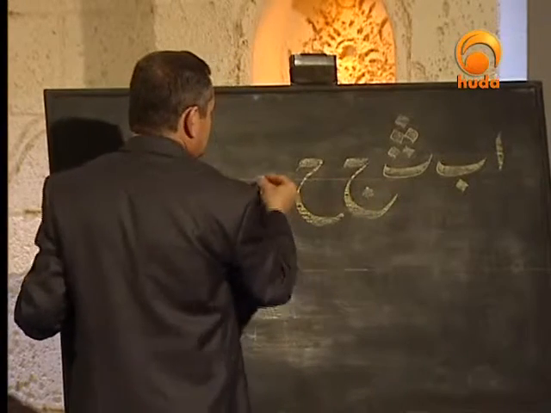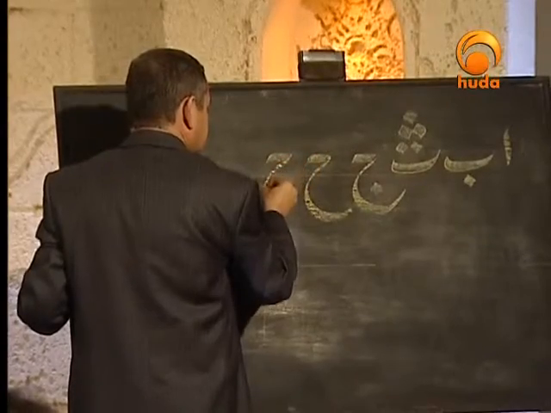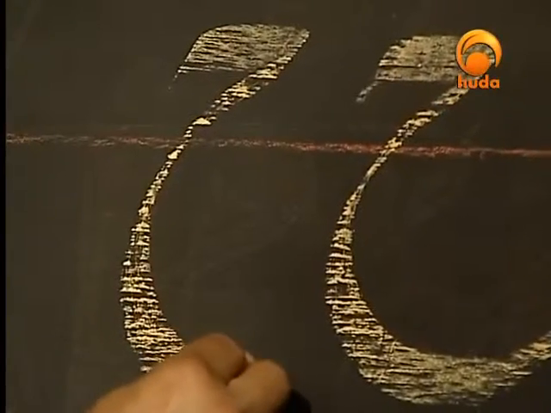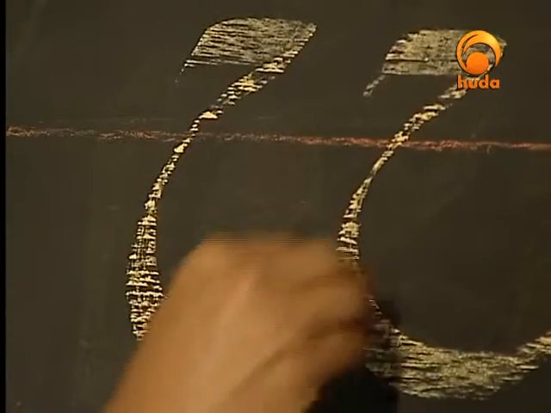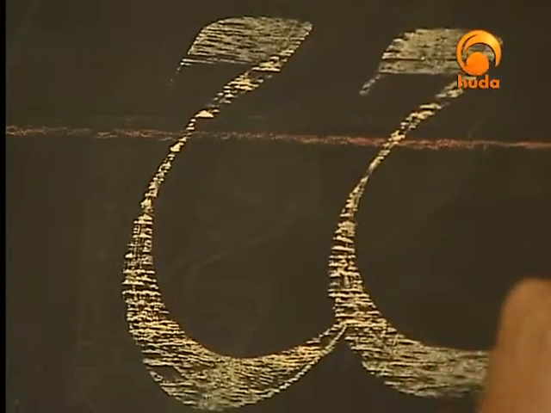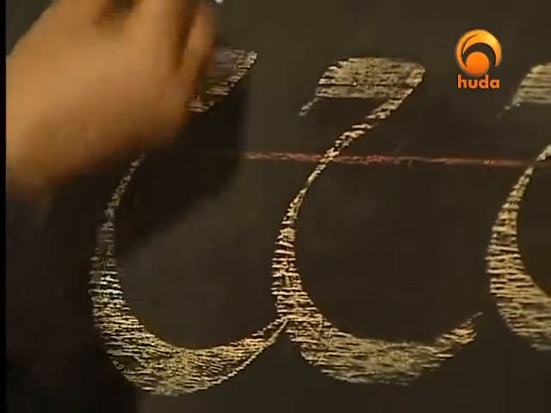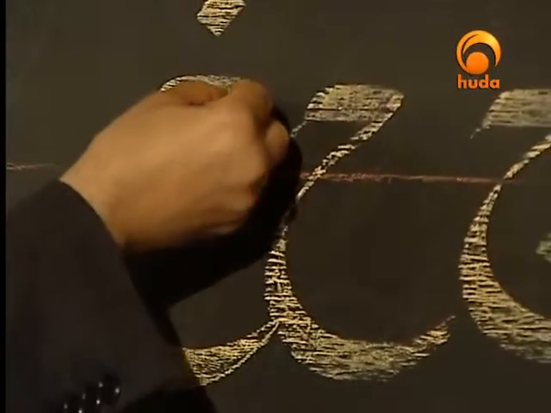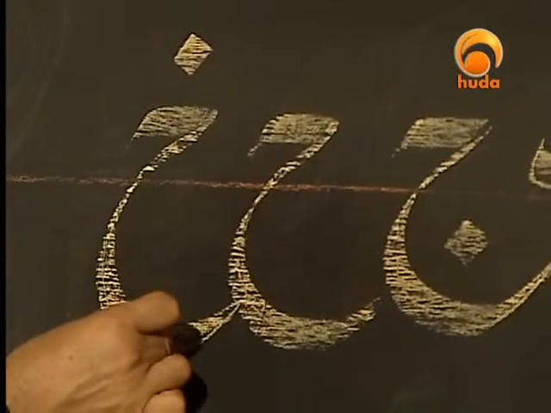Jim, ha, and kha. You see the very smooth curve here, here, here. It's very, very simple and smooth. When you start in the correct way, thin, it comes directly with the thick, with the full thickness of my pen.